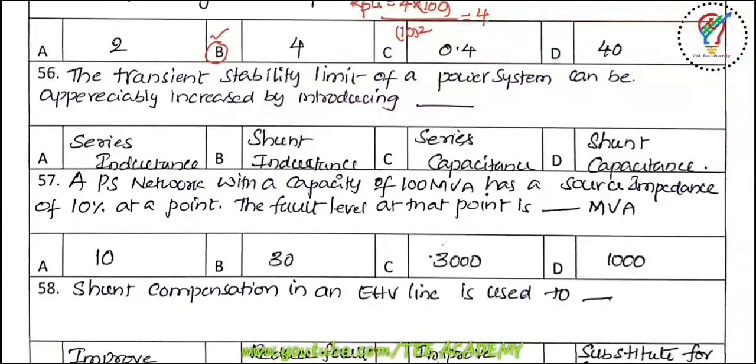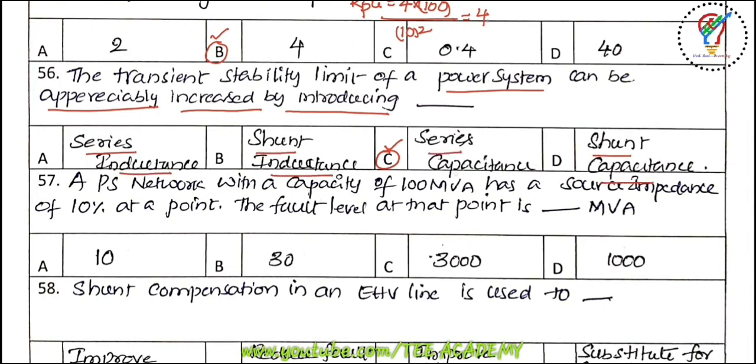Next question. The transient stability limit of a power system can be appreciably increased by introducing series capacitor, that is the right answer, and the other options are series inductance and shunt capacitance.